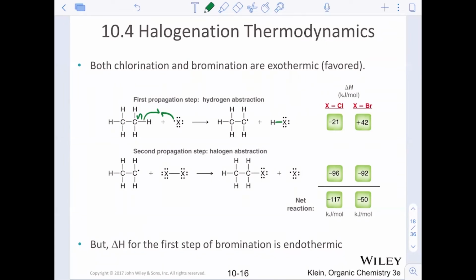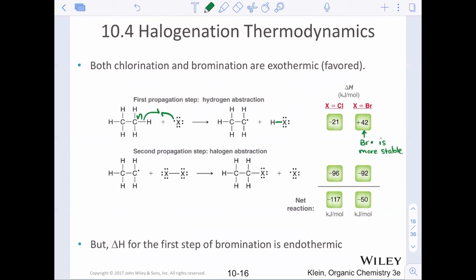Well, we know that Br minus is more stable than Cl minus. The same goes here. Br radical is more stable, it's harder to react in hydrogen abstraction.